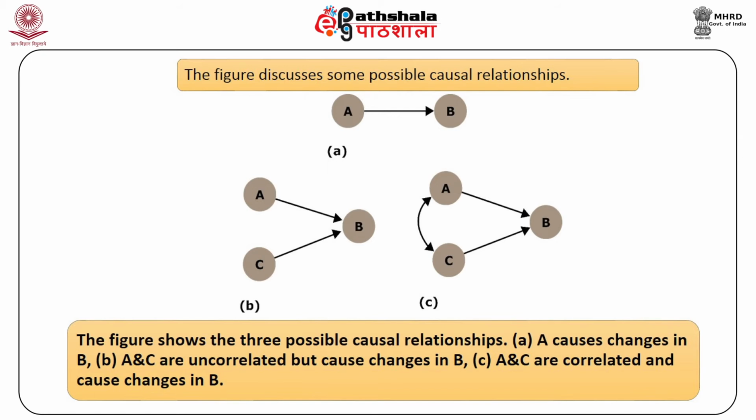This relationship suggests that the dependent variable has multiple causes of change which may not be related to each other. Although the causal variables A and C are unrelated, they are responsible for changes in the values of the dependent variable B. Let us proceed to panel C.